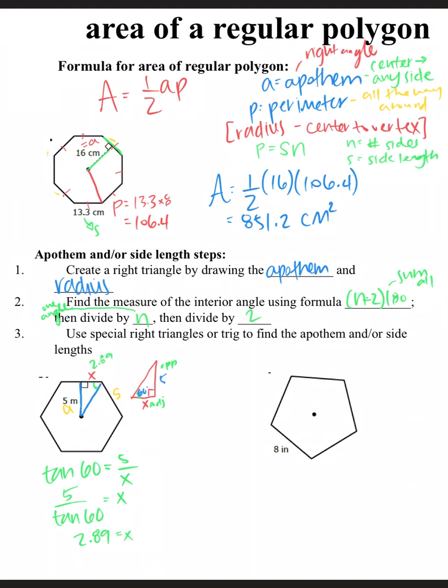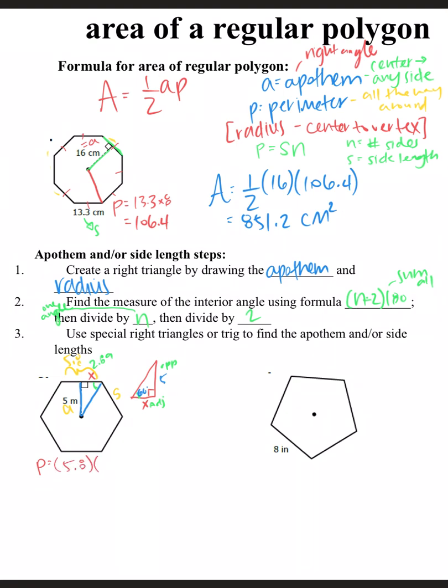That's not our side length though. That's only half of our side length. So I need to multiply this by 2, and that is 5.8. Okay, so finally our side length is 5.8.